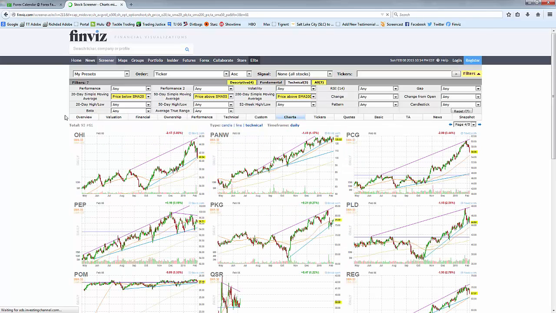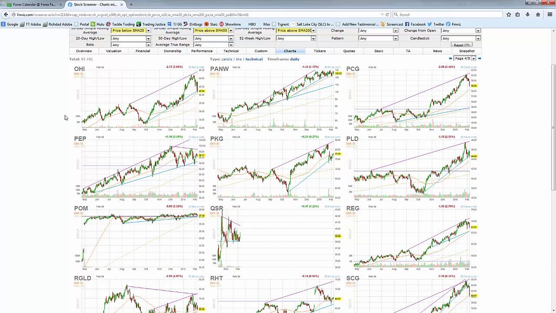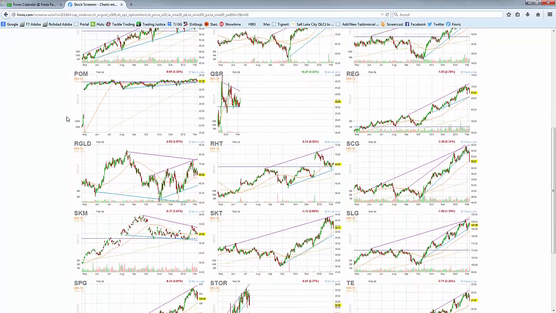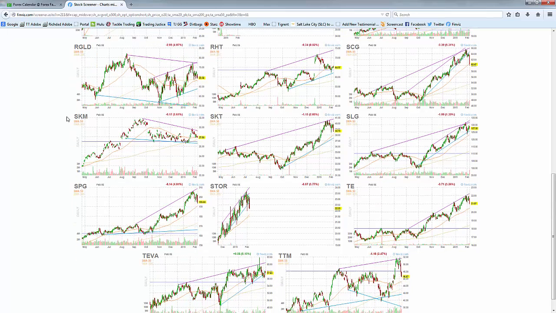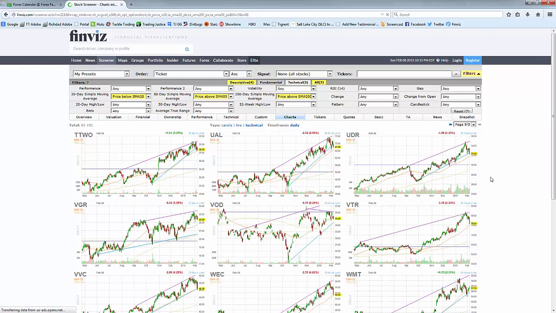There are some pre-made scans in Thinkorswim, and maybe would it help if next session Tim talked to you guys about some of those pre-made scans? Would that help? Kind of building some of those out? Okay, we'll have Tim do that next session. Yeah, in TOS, Robert, in TOS.